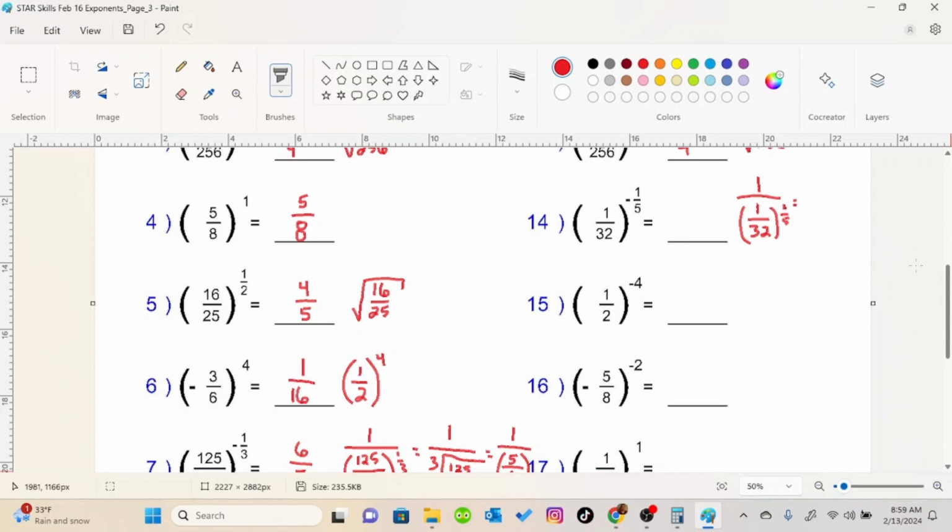The power of 1/5 means we want the fifth root of 1 over 32. The fifth root of 1 over 32 is 1/2. Dividing by a fraction is multiplying by the reciprocal. The reciprocal of 1/2 is 2, and 2 times 1 is 2. So the answer is 2.